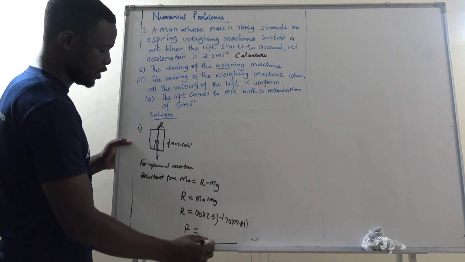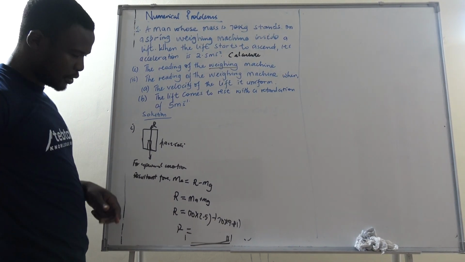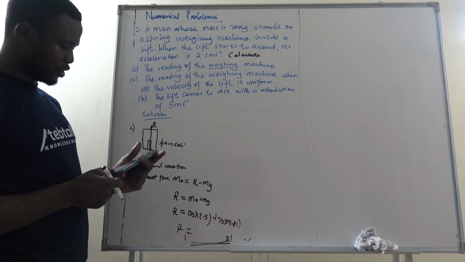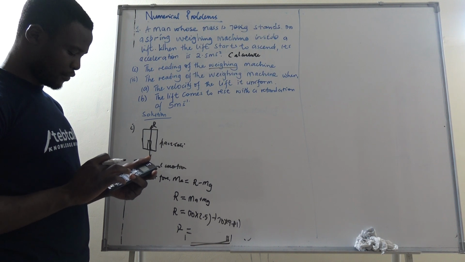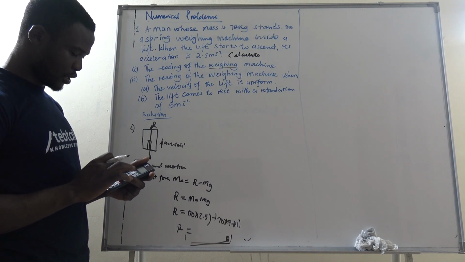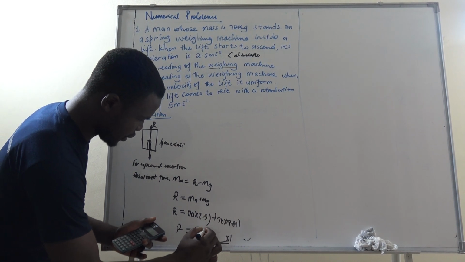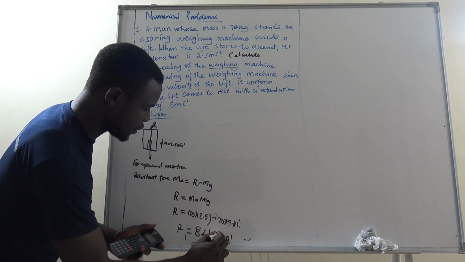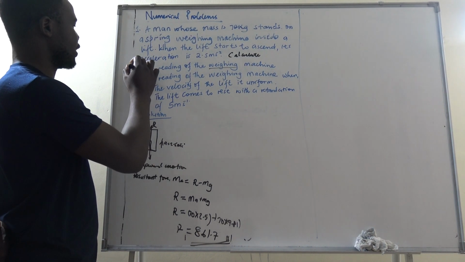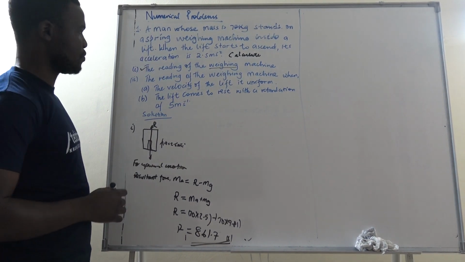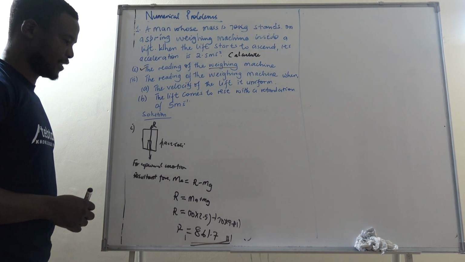We compute 70 into 2.5 plus 9.81. This gives me 861.7 newtons, and that will be the reading of the weighing machine when the lift is ascending.